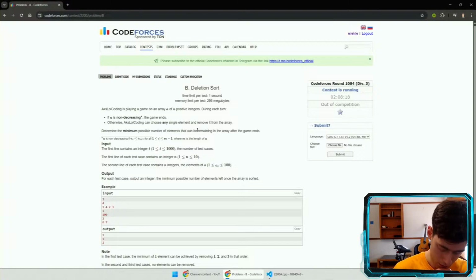So actually, let me bring up a tablet here. The minimum possible array, that's interesting. So if we've got some kind of array, then I have to end up with an increasing sequence.